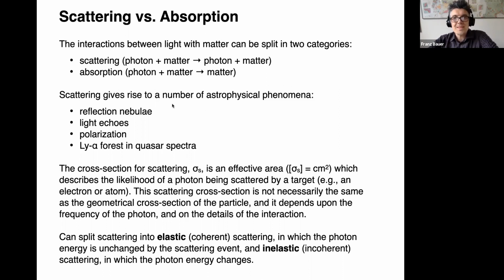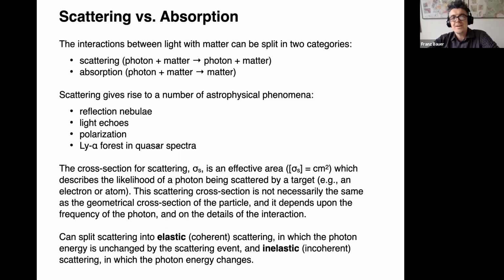So scattering can give rise to a number of interesting astrophysical phenomena. So we have reflection nebulae, we have light echoes, polarization, the Lyman-alpha forest in quasar spectra. These are all cases where we have scattering. And the last one you might think is more associated with absorption, right?